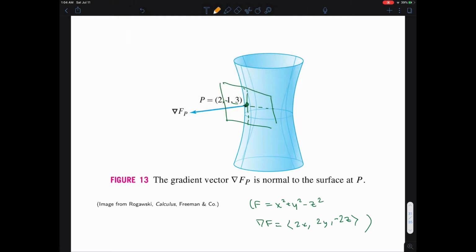It could go around this cylinder, and then it goes through P, say.